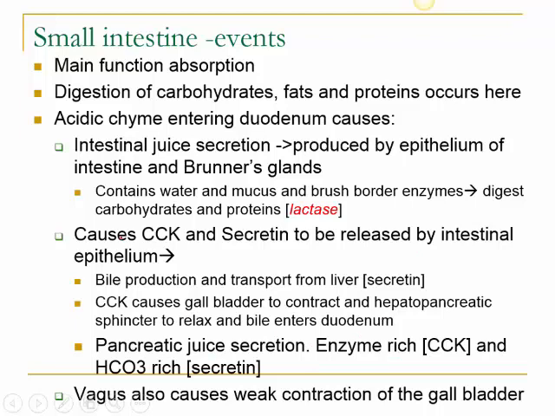You can see how the acidic chyme entering the duodenum causes the intestinal cells to secrete intestinal juice and hormones, which act on the pancreas, and then the pancreas secretes its juices. So all of this bile and pancreatic juice reaches the duodenum. Vagus also causes a weak contraction of the gallbladder.